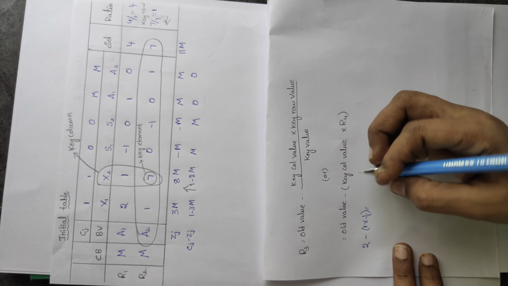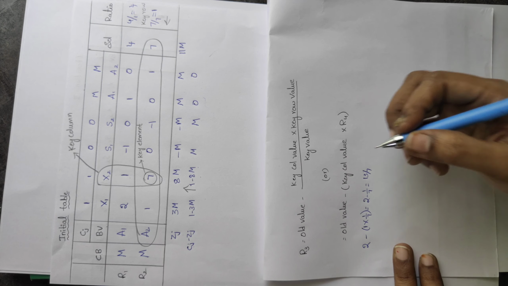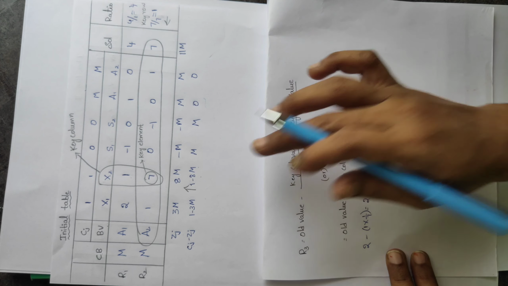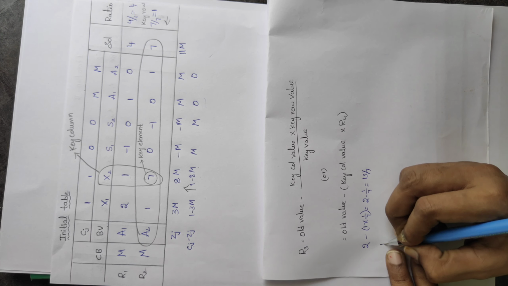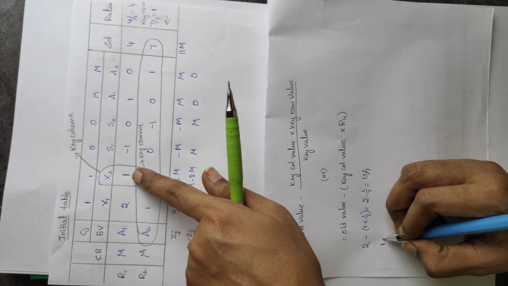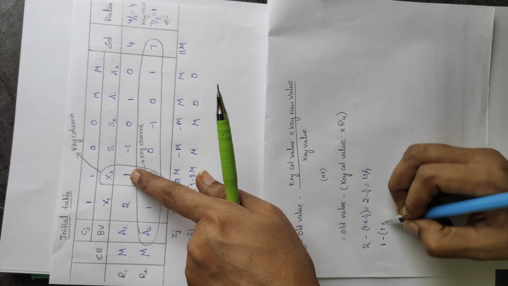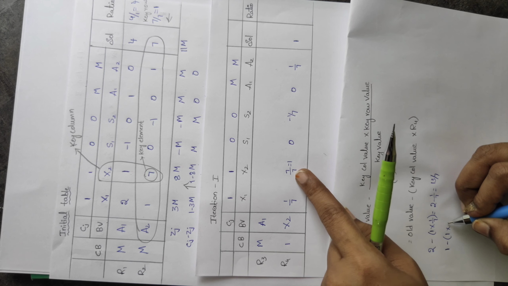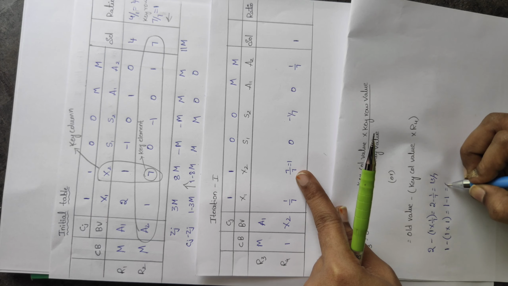That equals 2 minus 1 by 7, which is 13 by 7. Next, for x2, the old value is 1, minus the key column value, also 1, into the R4 value, 1. That equals 1 minus 1, which is 0.